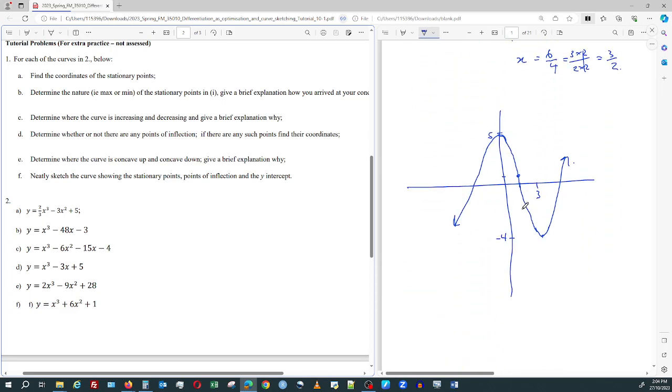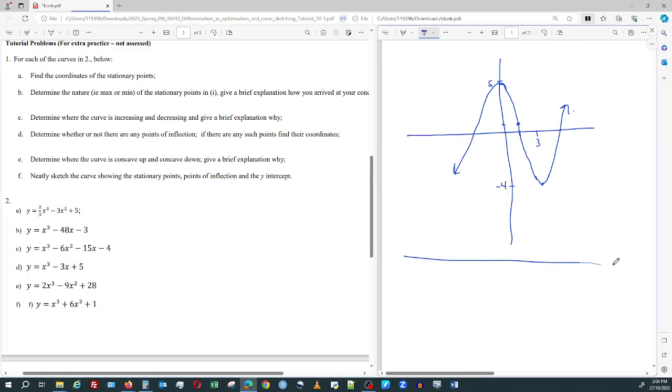Alright, so that's fairly straightforward. So we've got all of those things out of the way. And so we go. Just continue on doing pretty much the same thing all the way through. So x cubed minus 48x, so let's have a look at that one.